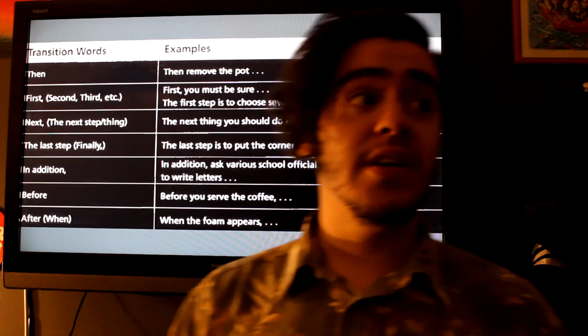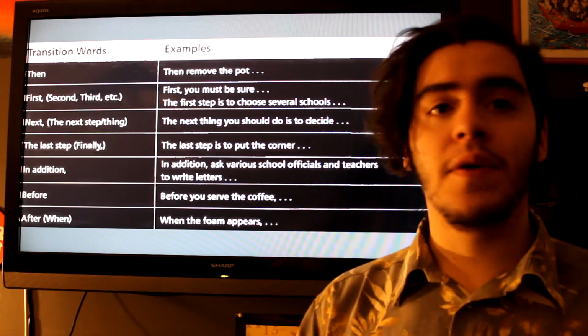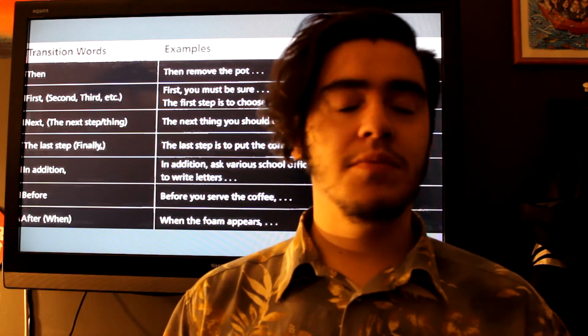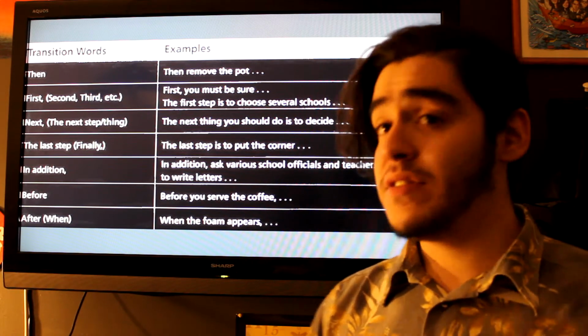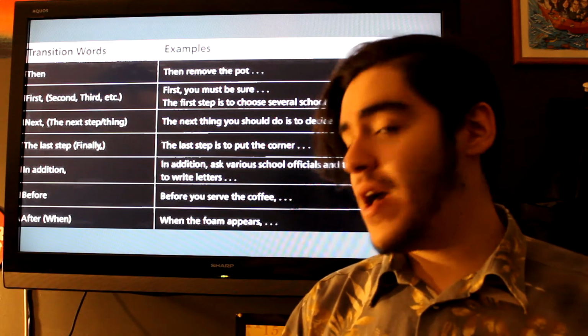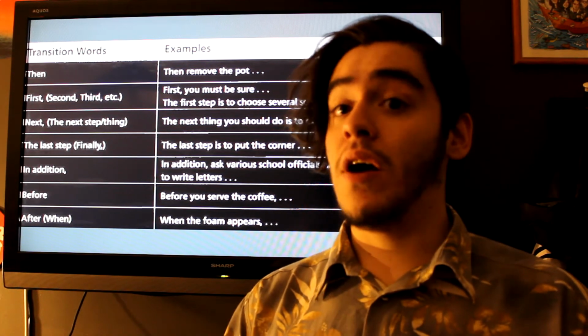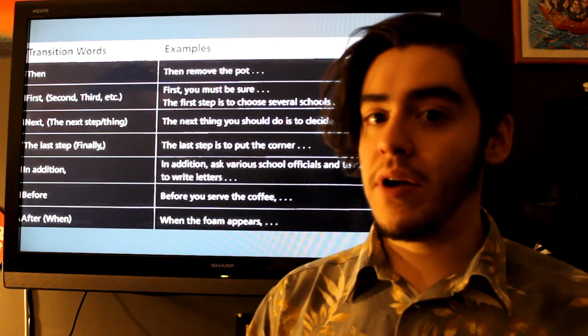As my partner says, language focus is one of the most important parts of the process analysis paragraph. These transition words help the development of the chronological sequence of events of the paragraph.